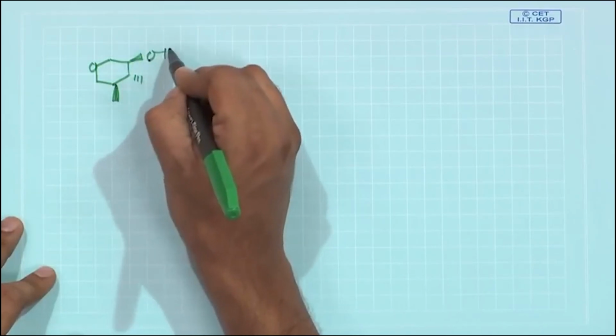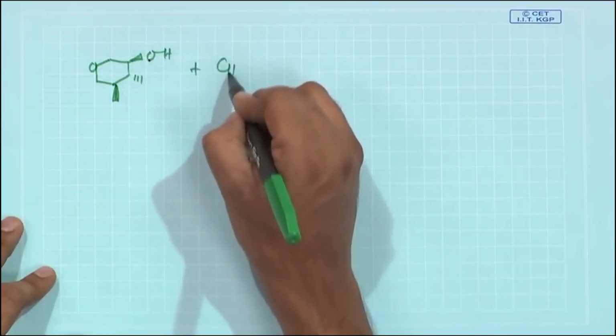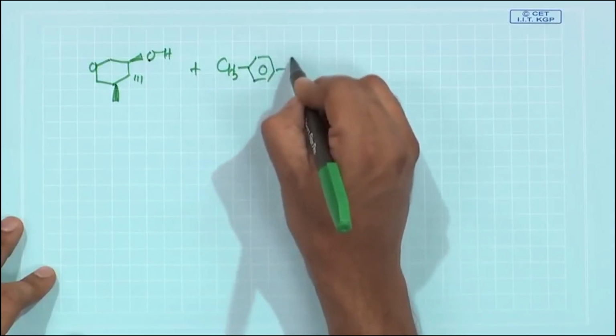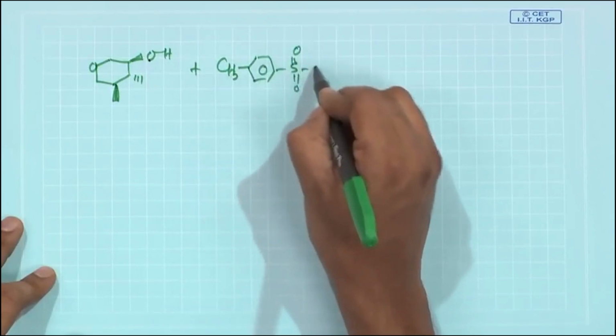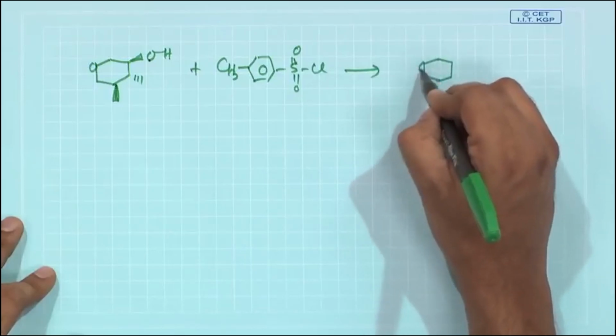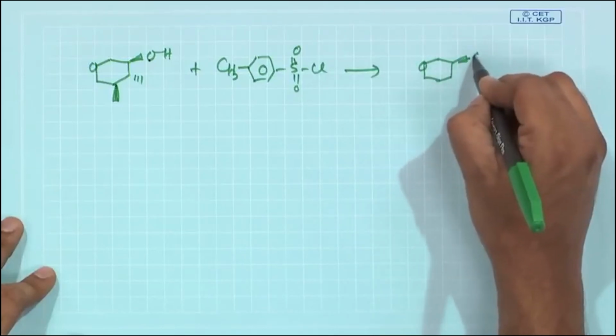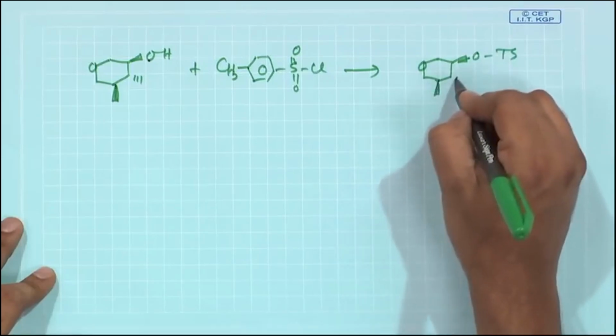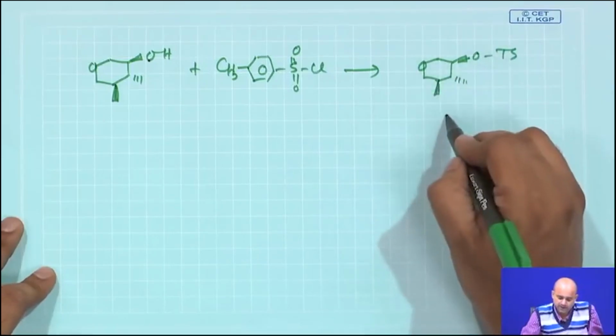So, you have this OH, you react with tosyl chloride, TsCl, and by reacting with tosyl chloride the alcohol is basically activated, is it not? Now, what do you do?